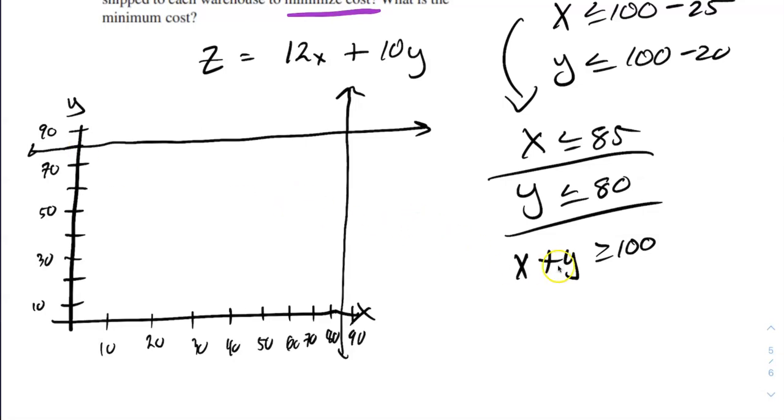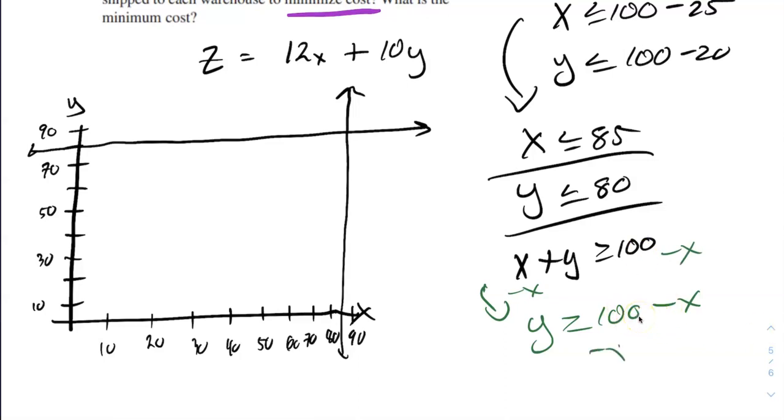Then this one right here, X plus Y must be greater than or equal to 100. So again, how do you graph that? Well, we've got to get Y by itself. So Y must be greater than or equal to 100 minus X. How do you graph that?